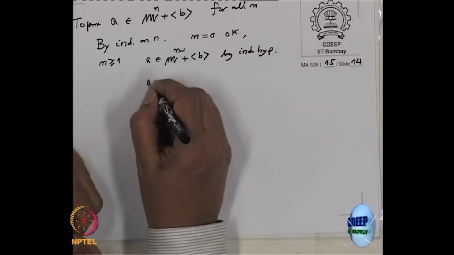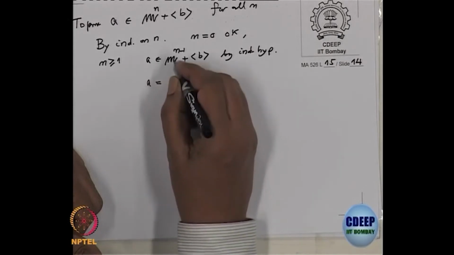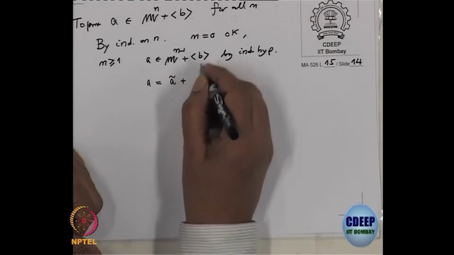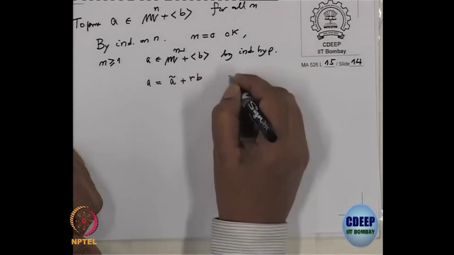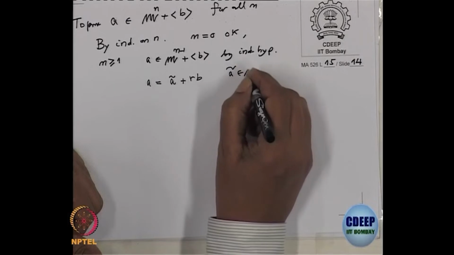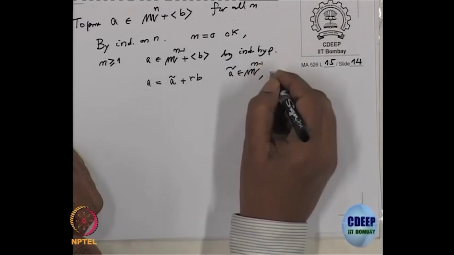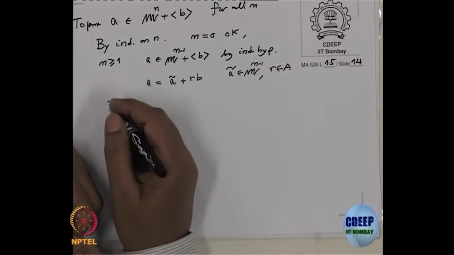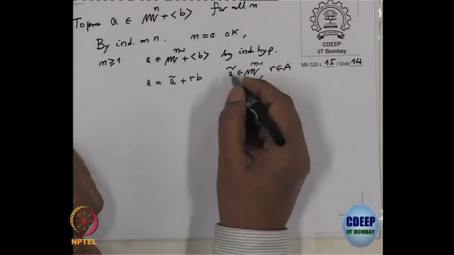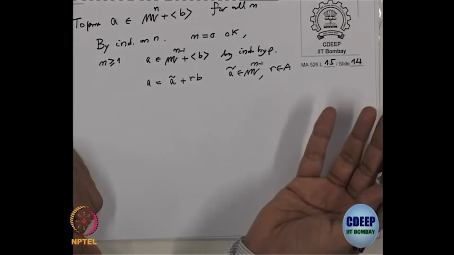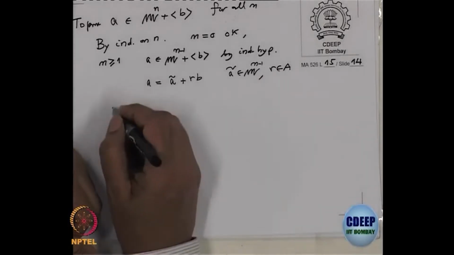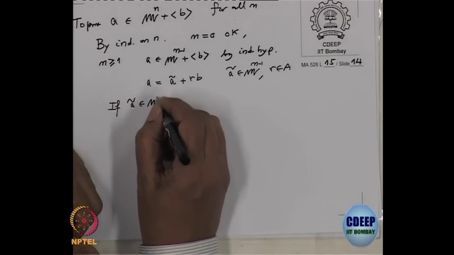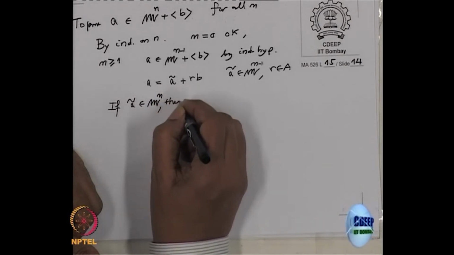So, that means I can write a as some element in m power n minus 1, that is a tilde, plus some multiple of b, that is r times b, where a tilde belongs to m power n minus 1 and r belongs to A. All right. Now, if this a tilde is already in the next power, that is, if a tilde is in m power n, then we are done.